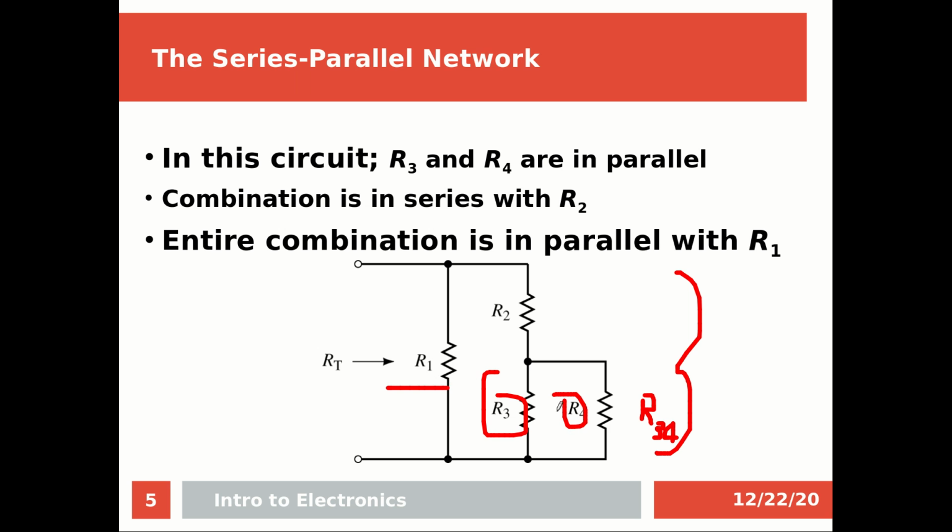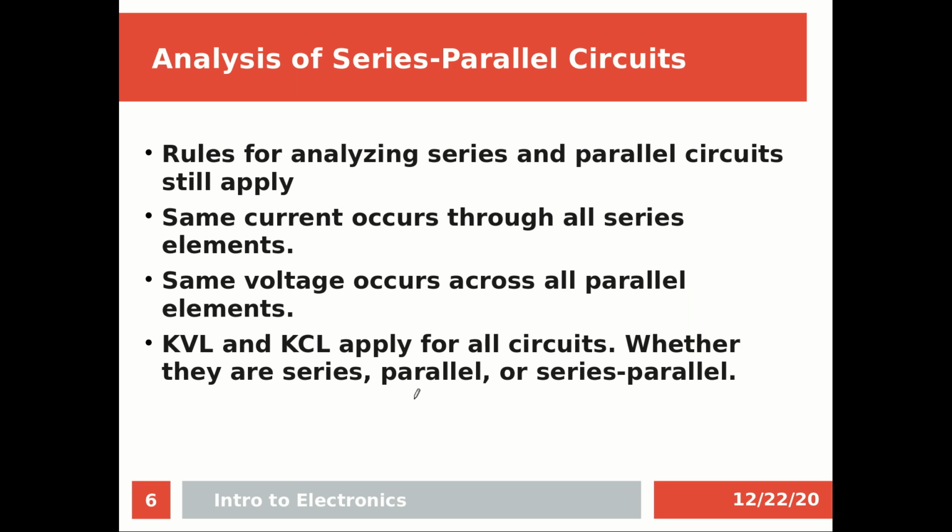So if you want to calculate the R total that you see from these terminals, you have to take it step by step. Calculate the parallel here using the equation for two resistors in parallel, then take it in series with this and just sum, and then we take the total of all of these three in parallel with R1.